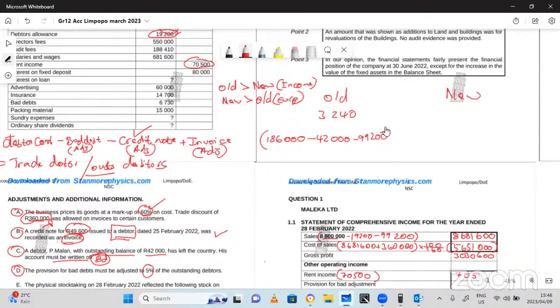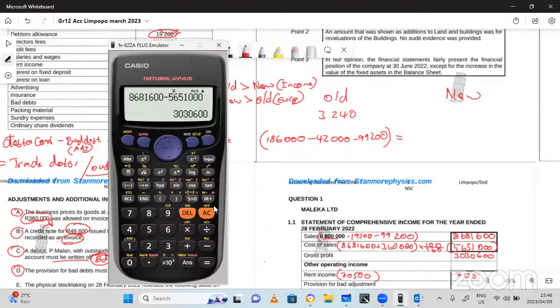So you simply, after getting your answer, multiply it with your what? With your 5%. Or you can do it step by step. You can punch this on your calculator: take your 186,000, minus 42,000, minus 99,200, minus 99,200.